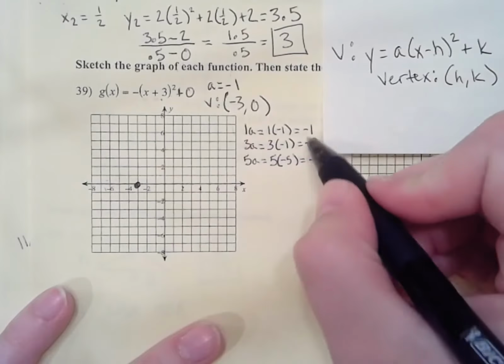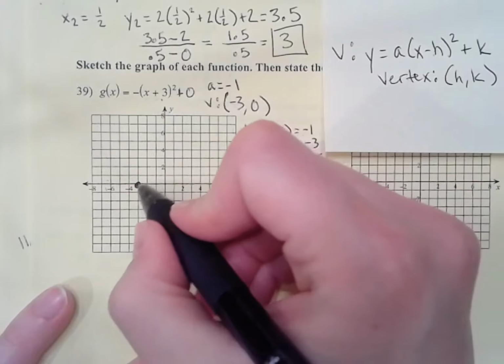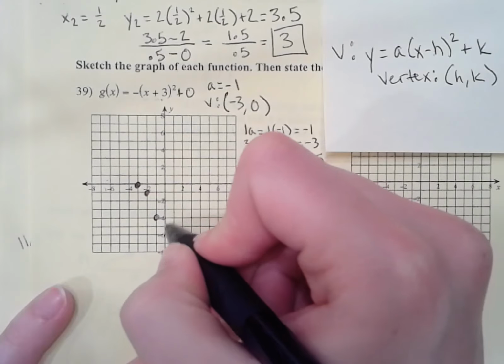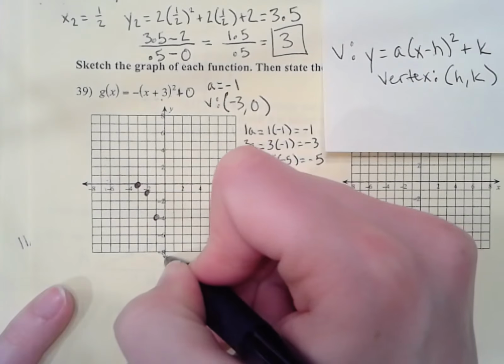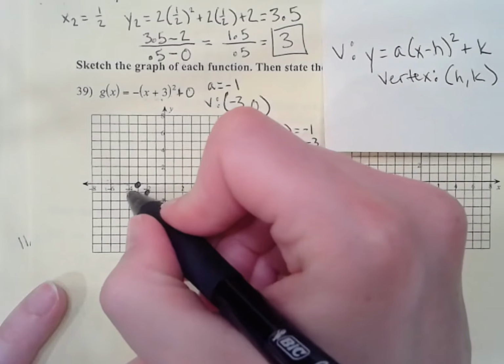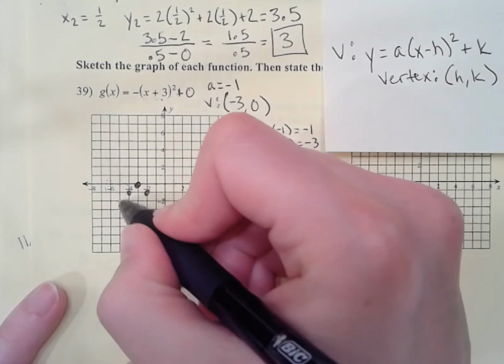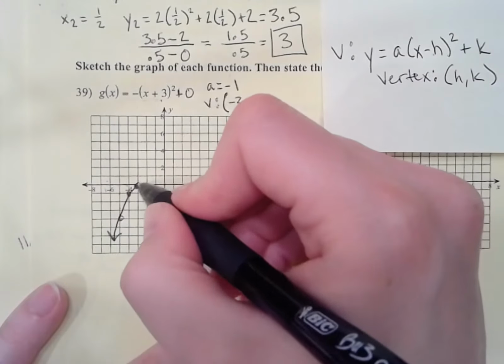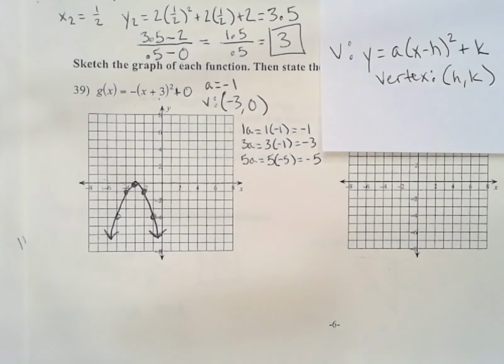So it means I'm going to go over 1. The negative represents the down direction, so I go over 1, down 1, over 1, down 3, 1, 2, 3, 4. And I could put a 5th point there if I wanted to, but it doesn't go on the graph, so I'm not going to bother. Over 1, down 1, over 1, down 3, and same thing. And that's our graph there.